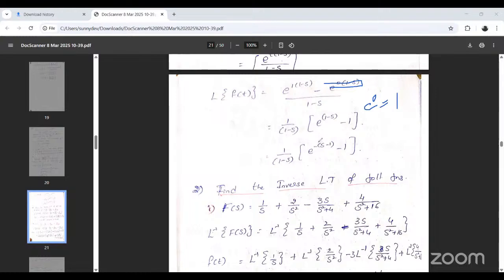Taking the minus common, this is minus of e power of 1 minus s minus 1 by s minus 1. So this is the example problem.